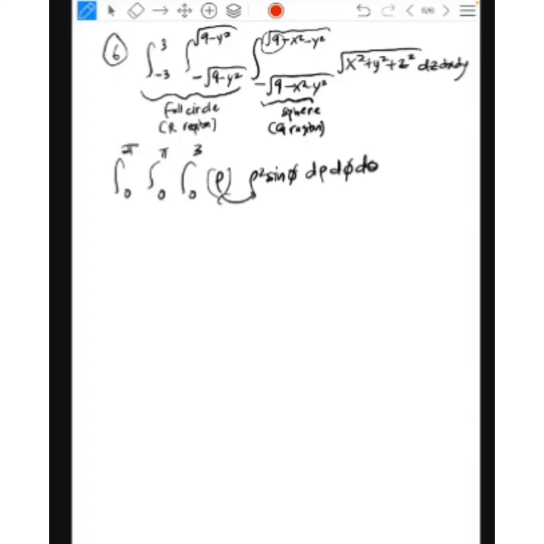Okay, so this is what actually you want to integrate. Okay, so let's try lah. Okay, ini paling senang. So you try saja.